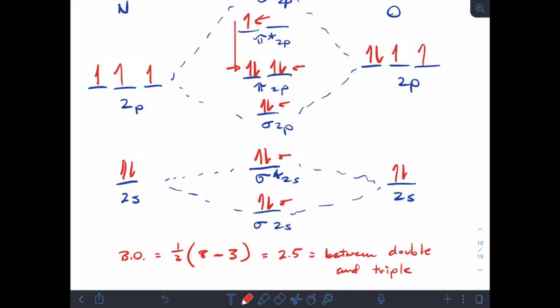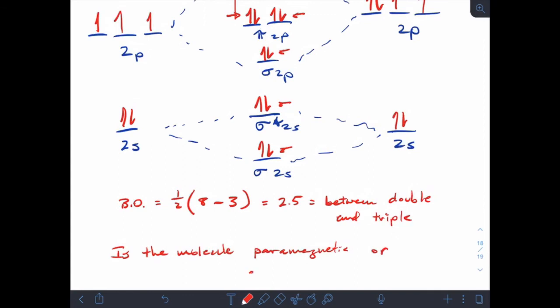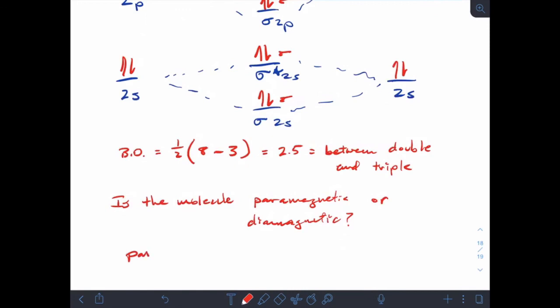So it's an interesting thing. Now, here's the last thing that I want to talk to you about. Is this molecule paramagnetic, or is it diamagnetic? Okay, so remember, para is unpaired, right?